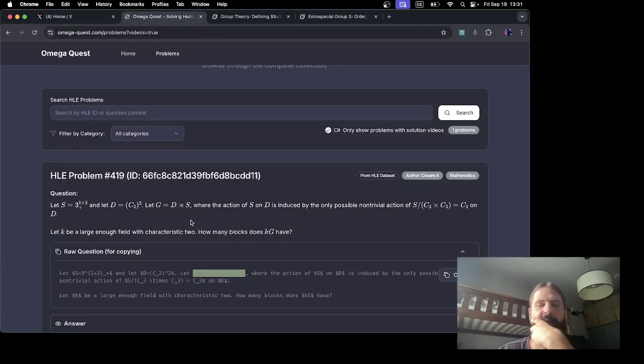But that's all I'm doing, these type of problems. Literally, Grok is not able to actually calculate the answer. Grok is not able to do this on its own.